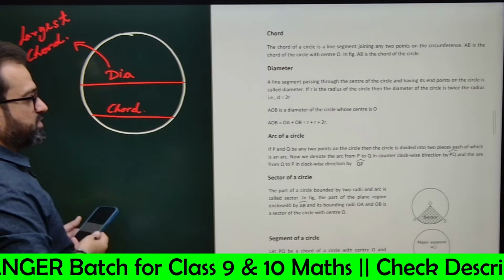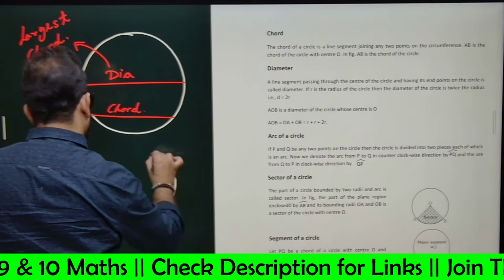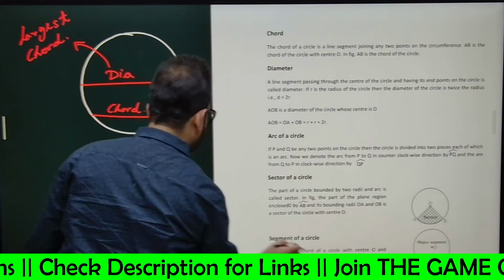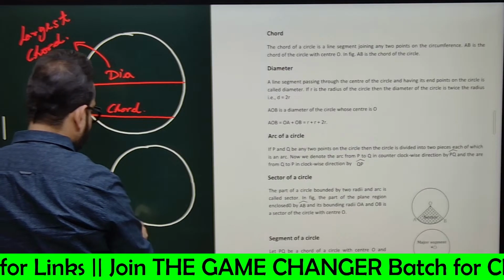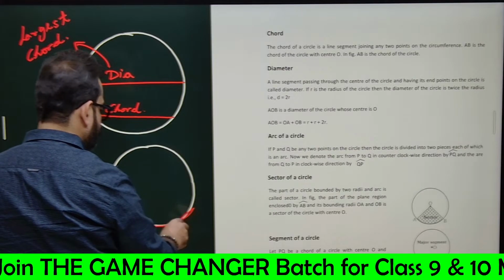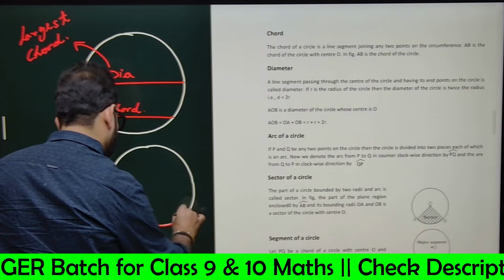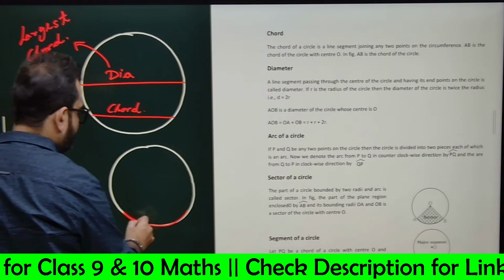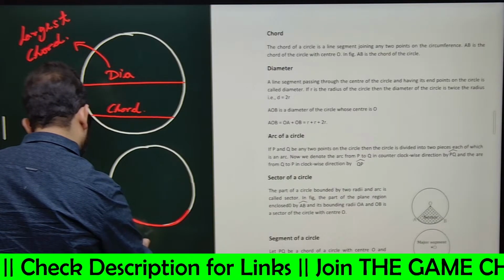What is an arc of a circle? If you draw a part of a circle like this, it will be called an arc of a circle. Obviously, this is the smaller one, so this is a minor arc.